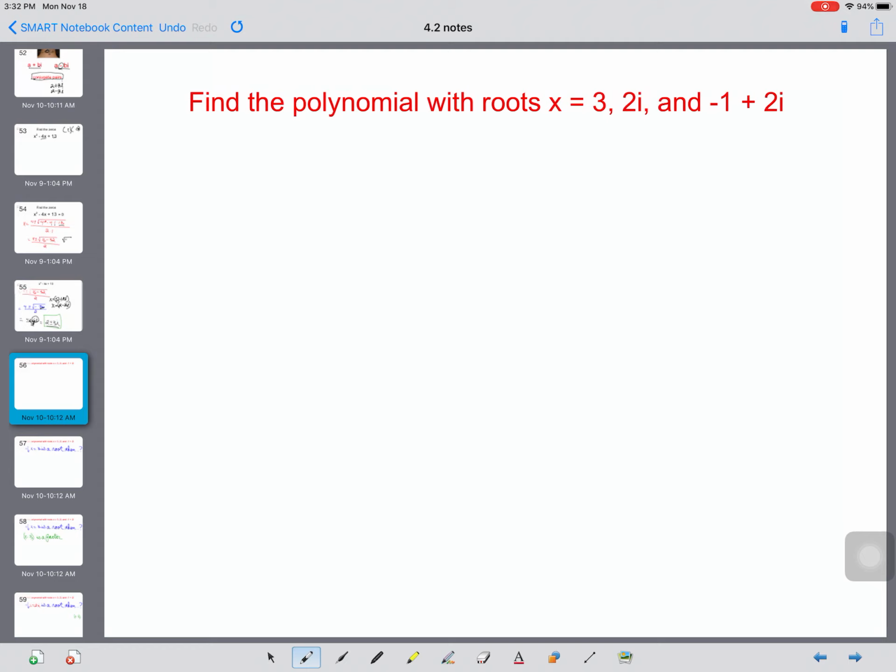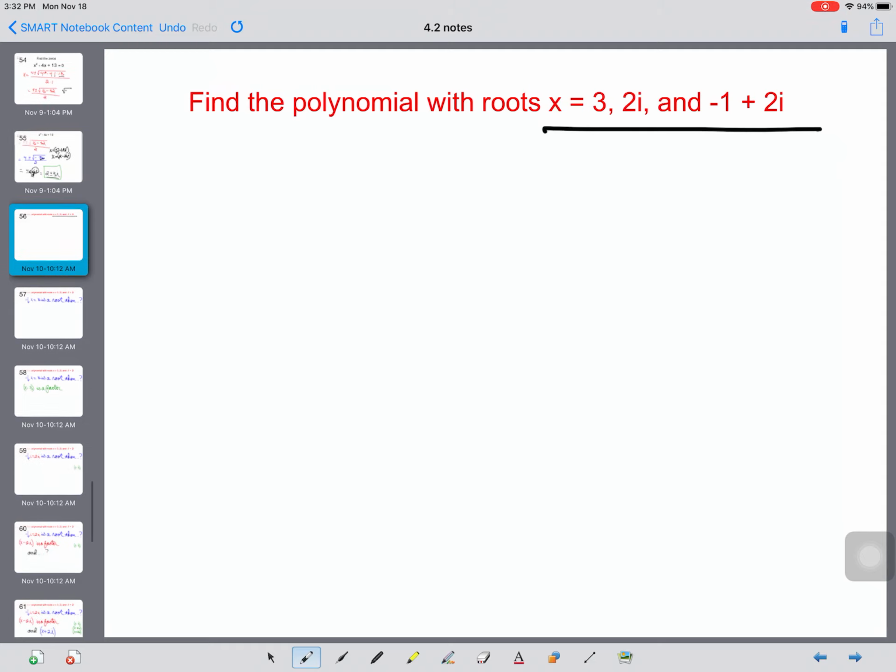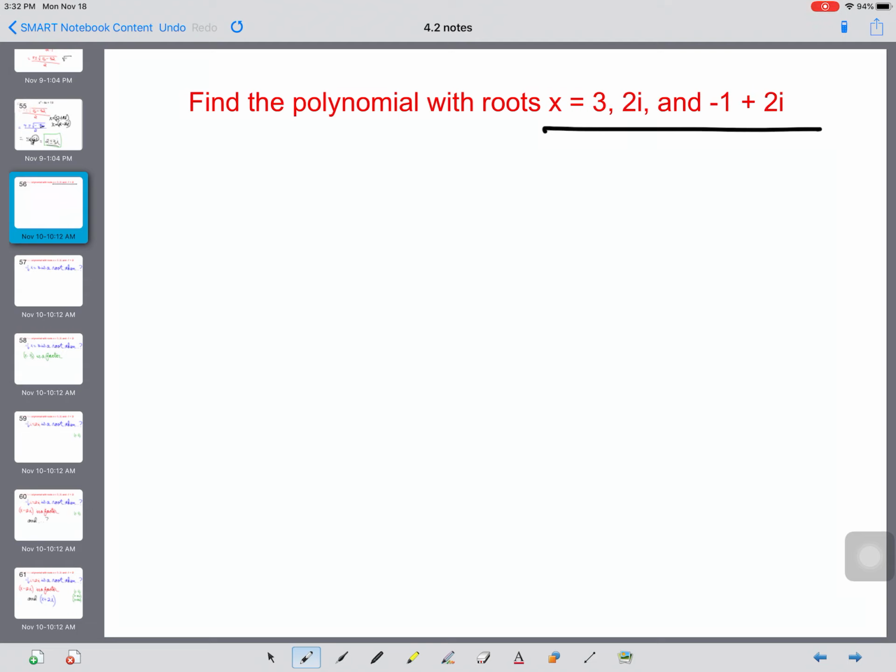Now what we're going to do is stand on our heads and do a problem similar to that, but backwards. We're going to start with the answers and see if we can get forward to the polynomial that started with this. So now look at something here. I know that x equals 3 is one of the zeros, but remember how when we started off a problem at the beginning and x minus 3 was one of the factors?